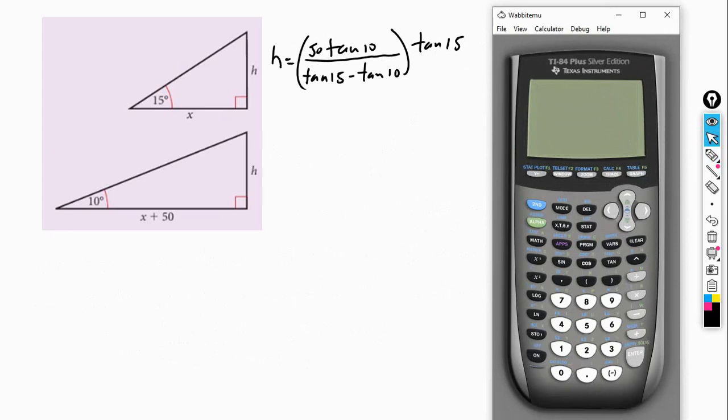Very well, so here we are with the GDC, and we have to find the expression that we wrote to the left here. So we would go parenthesis 50 tangent 10 divided by, and here we would need a parenthesis again, tangent of 15, so tangent 15 minus tangent 10.